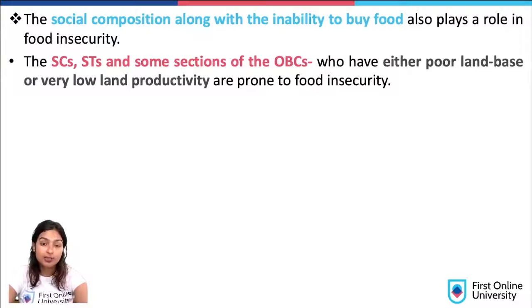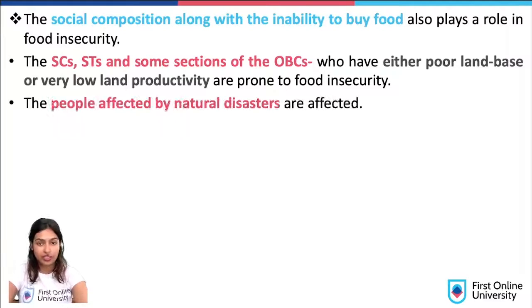And you also have the Other Backward Classes. So these people who are SC, ST and OBC have a very low societal status, and these are also often the people who have no land or absolutely no social security to lead a dignified life. So these are hence more prone to food insecurity.